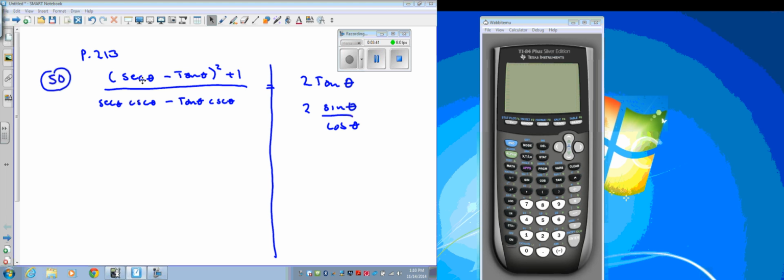Let's expand this out, numerator into, it'd be secant squared theta. The middle term would be minus 2 times the product of the secant tangent. And then the last term would be plus tangent squared. Then I would have this plus 1 in the numerator.